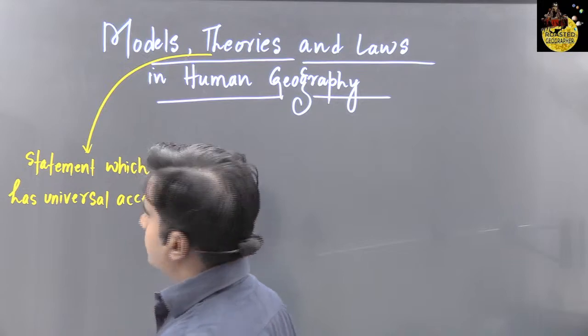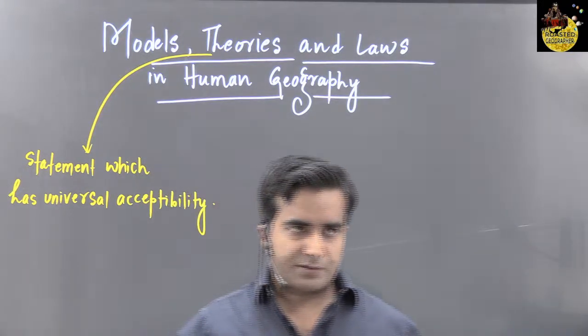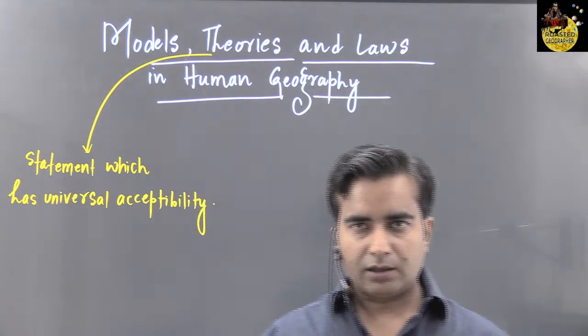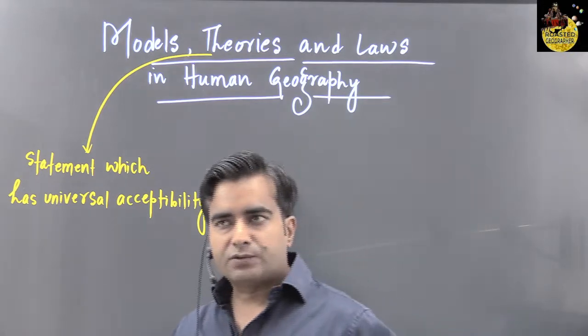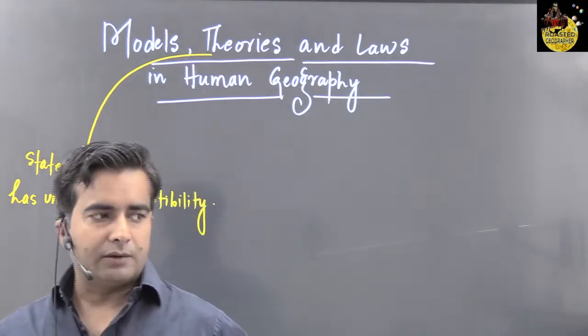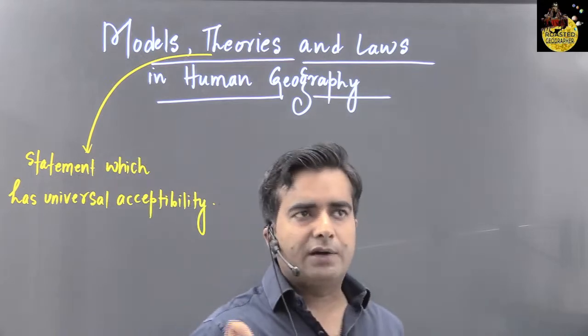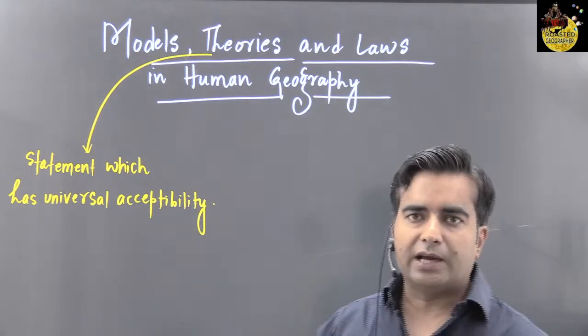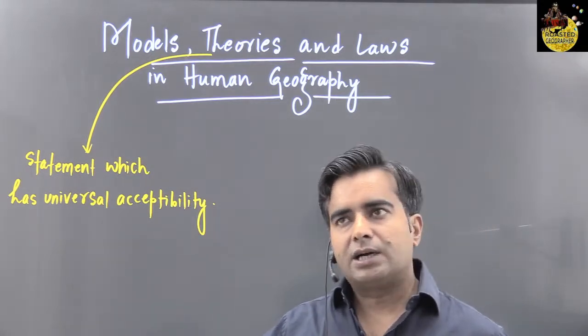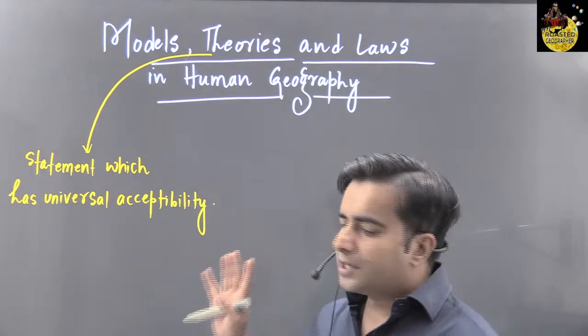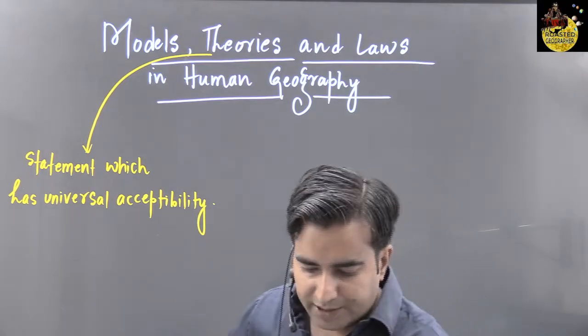So these are simply a few statements which do not give a pattern, but whenever and wherever used, they stay valid. ठीक है, तो these are theories which have universal acceptability.